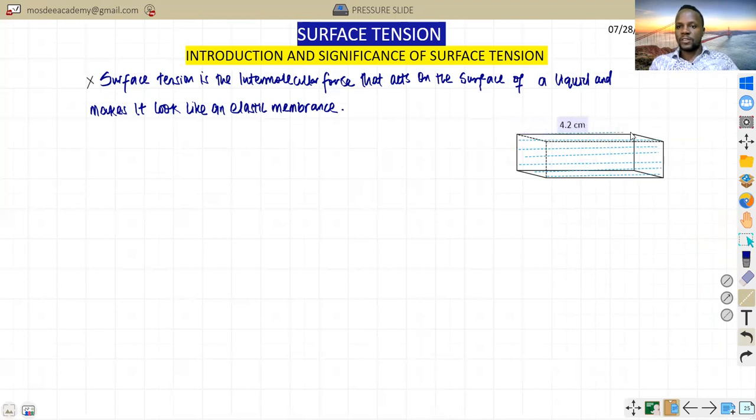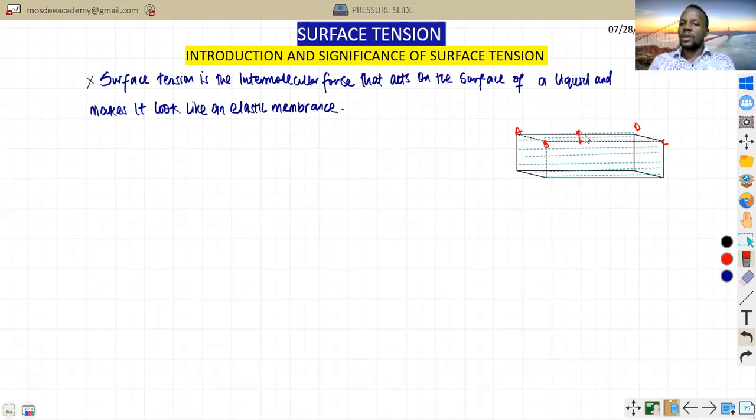Now, when we talk about forces that act on top of this, I'm going to change the color for us to see it. We only want to consider the surface, and to do that we are going to take a hypothetical line, just a line. We are looking at only the surface of this A, B, C, and D. At the surface there will be intermolecular forces that act between molecules in different directions.